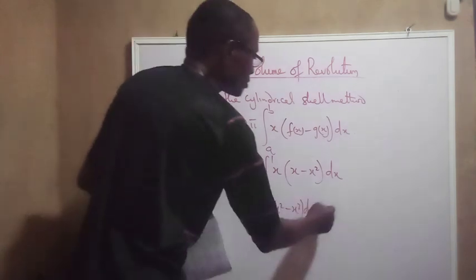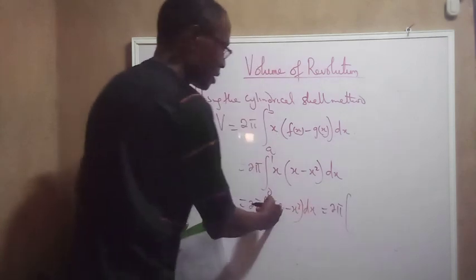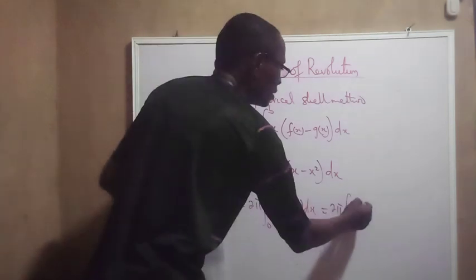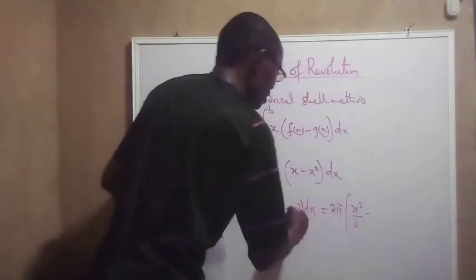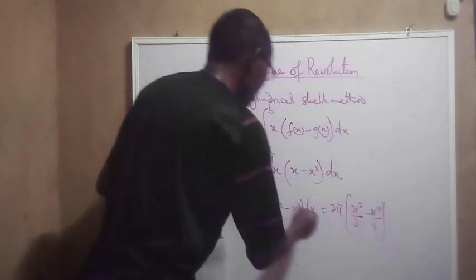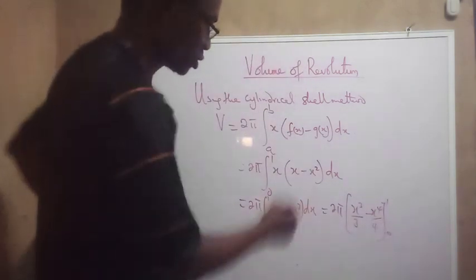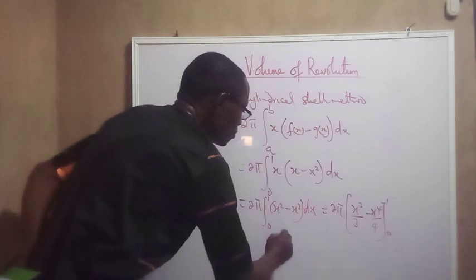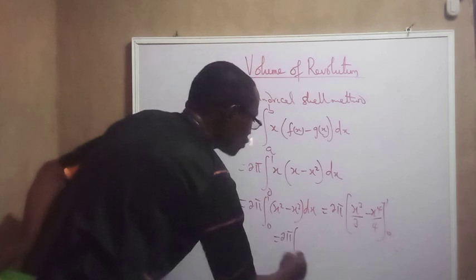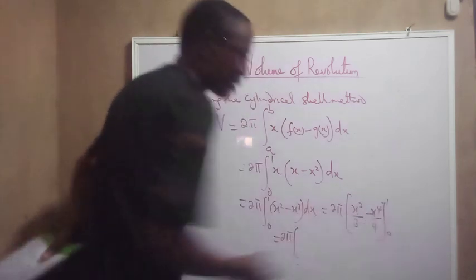So integrating that gives 2 pi times x cubed over 3 minus x to the 4 over 4. Then we take the limits, 1 and 0.